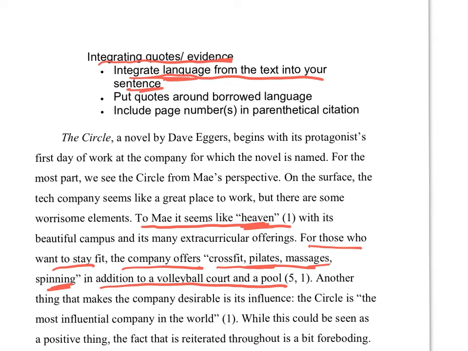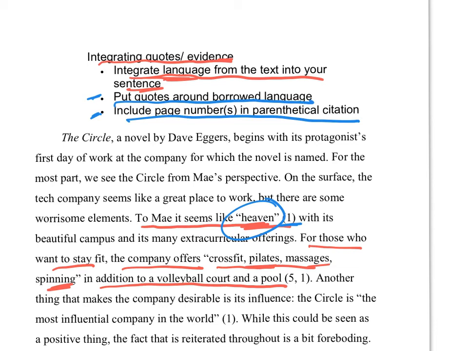Now the next two things on this list, putting quotes around borrowed language and including page numbers in a parenthetical citation, are things you should get used to as a writer, especially the first one. So you see that in both the samples I just mentioned. The word heaven, we know, is taken directly from the text because it has the quotes around it, and then we have the page number right after it in a parenthetical citation.